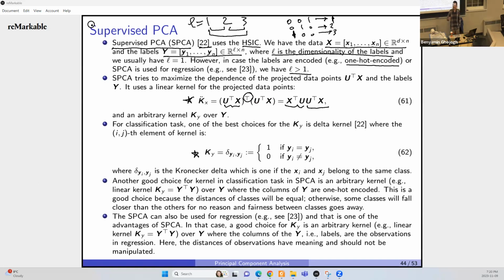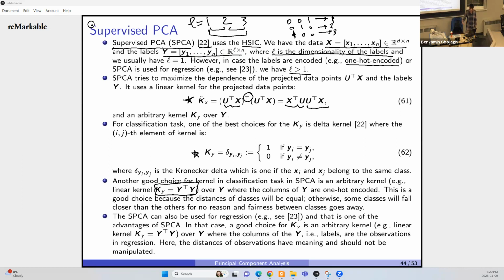So we have labels. We can calculate kernel over Y, right? Agreed. So we can either use a linear kernel like Y transpose Y, where Y had the labels stacked column-wise, right? Agreed. But this is good for regression when the labels are float or one-hot encoded or whatever.